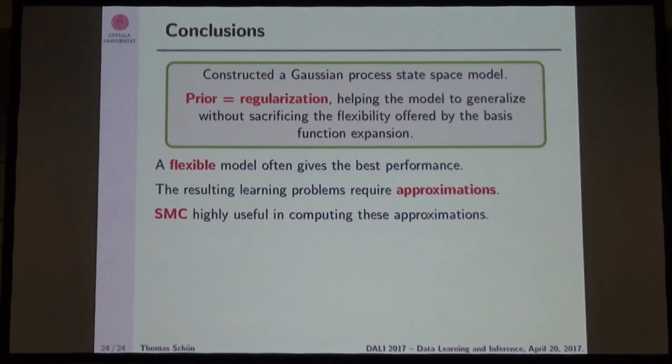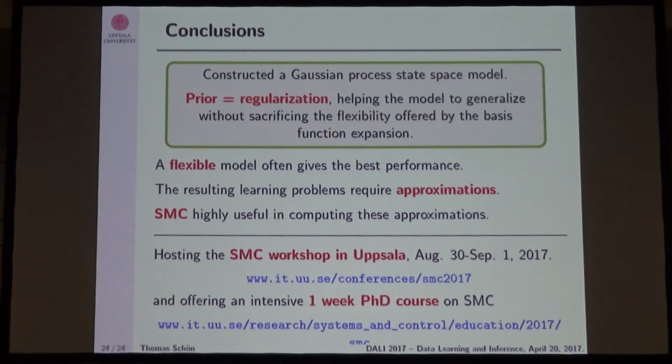I rushed you through the way SMC can be used here, gave you an idea of how it can be used. So if you or your students want to learn more about SMC, we're giving a 1-week intensive course back in Uppsala on this this autumn, and after that there's the SMC workshop bringing together people doing research in this area. So thanks a lot. Thank you.